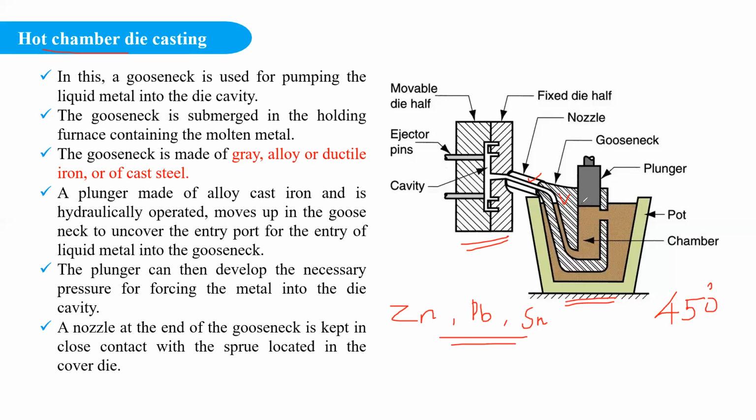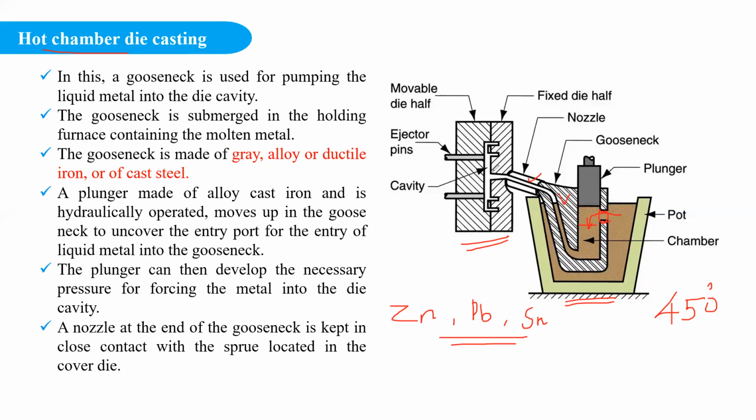Here there is a position through which the molten metal in the pot gets into this chamber. Once the plunger moves down, it closes this entrance and pressurizes the molten metal into the die cavity. The plunger continuously applies the pressure until solidification is done.